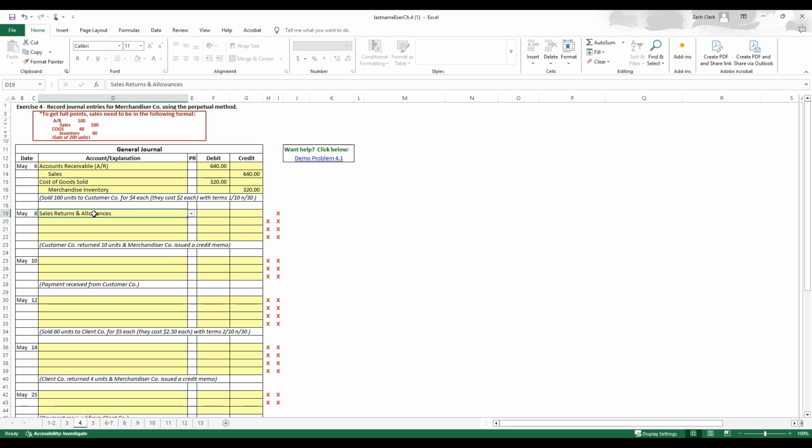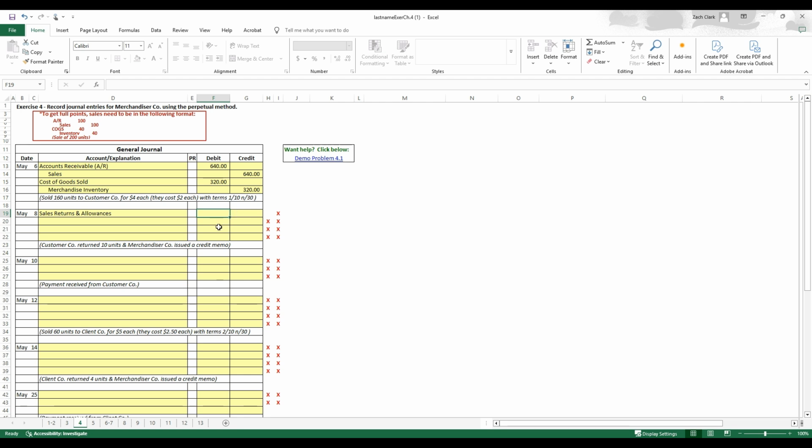But we use a separate account for the sales returns. What that does is it allows us to analyze the sales returns and allowances by themselves, so we can see the full amount that reduces sales, and analyze that distinctly instead of grouping it all within a reduction directly to sales.